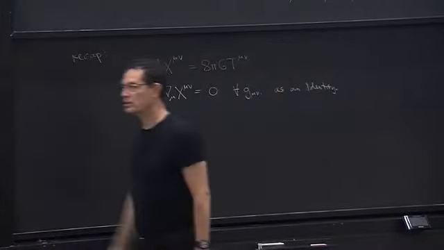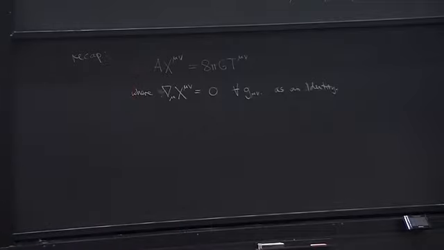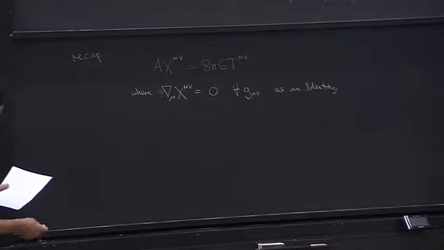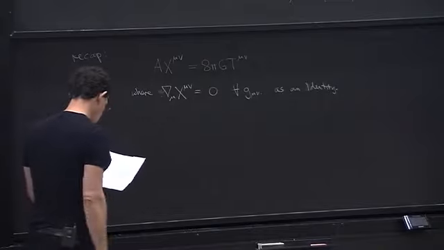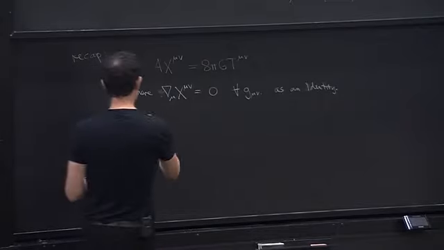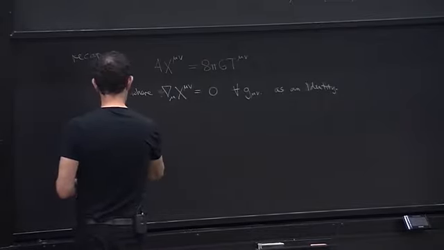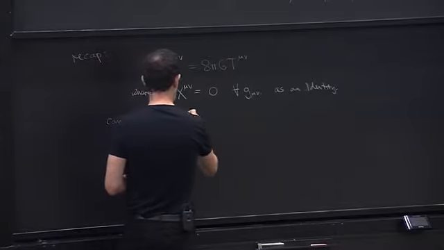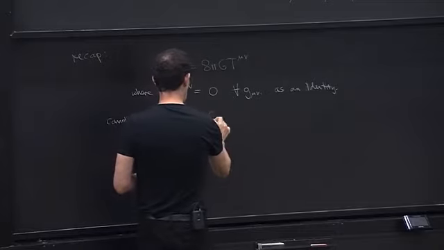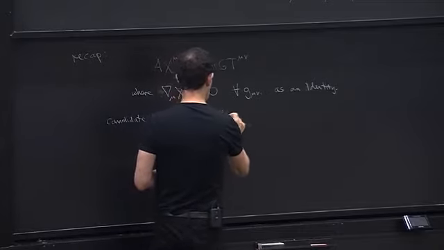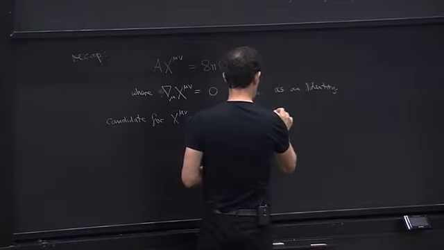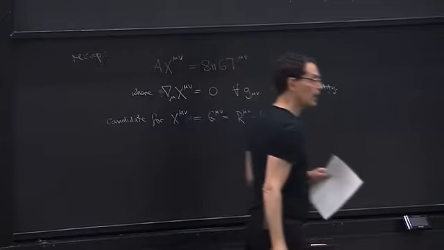Okay, so this is what Einstein was looking for. And the constant is not yet determined. And then we saw that the candidate for X mu nu is G mu nu, the Einstein tensor, which is the Ricci tensor minus a half g mu nu times the Ricci scalar.